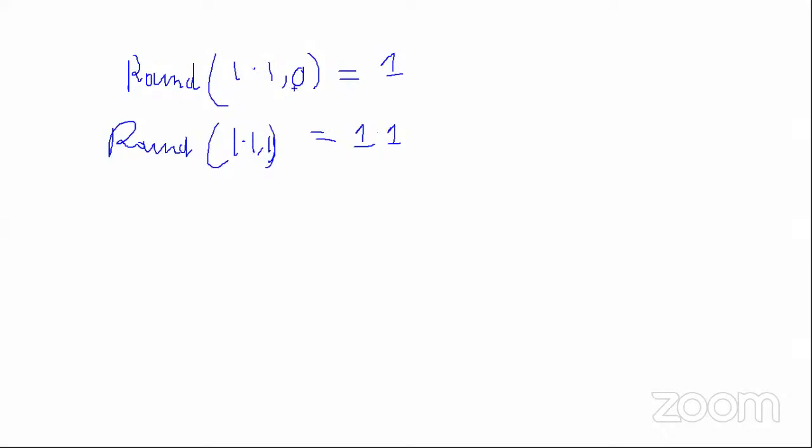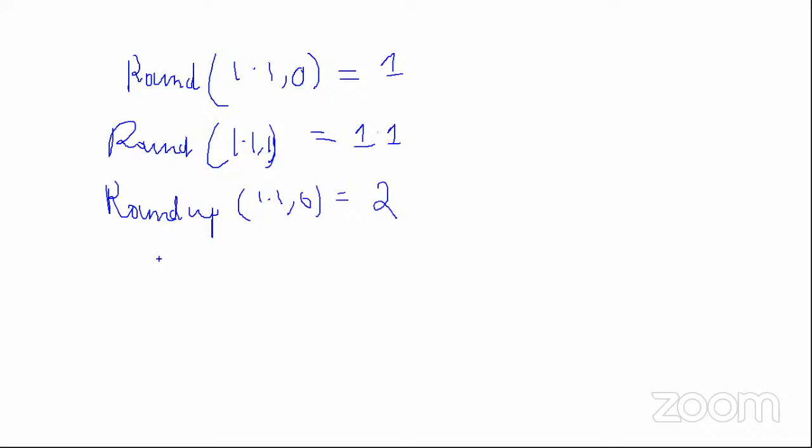Number of decimal places, there is a significance, but I don't want it in this way. I want it to be the next number. Round of 1.1 should be treated as 2. So what I will do, I will use round up or ceiling to go to the next number. If it passes 1, then go to the next number. So 1.1 comma 0, if you tell, it will go to the next number.